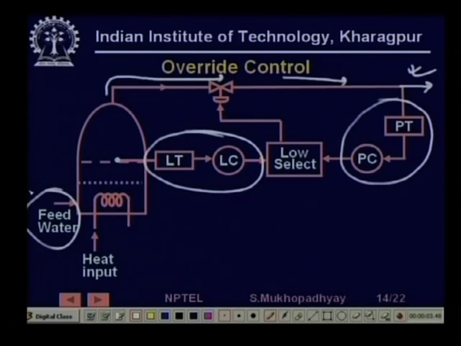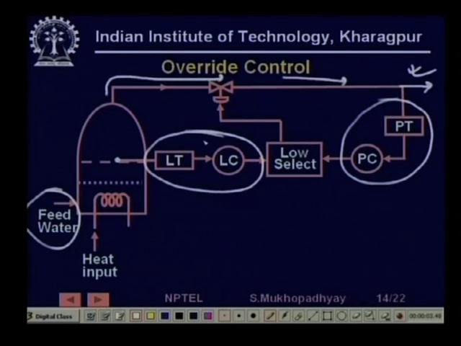So, what happens is that if this level falls too low, then the judicious strategy will be to close this valve, so that steam is not going out. What it will cause is that the level will rise.